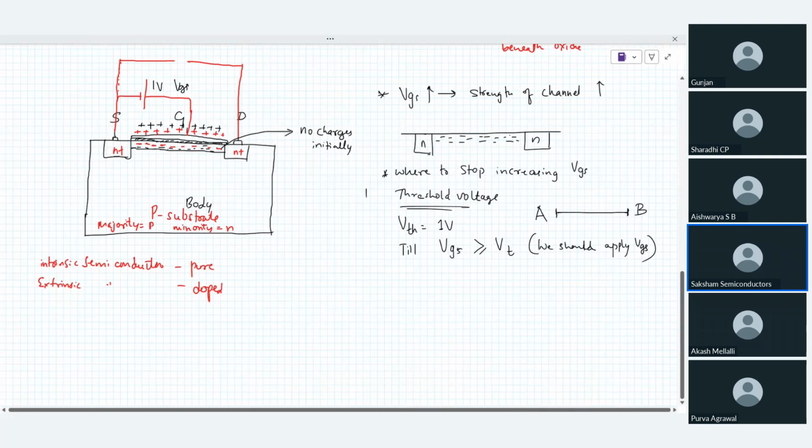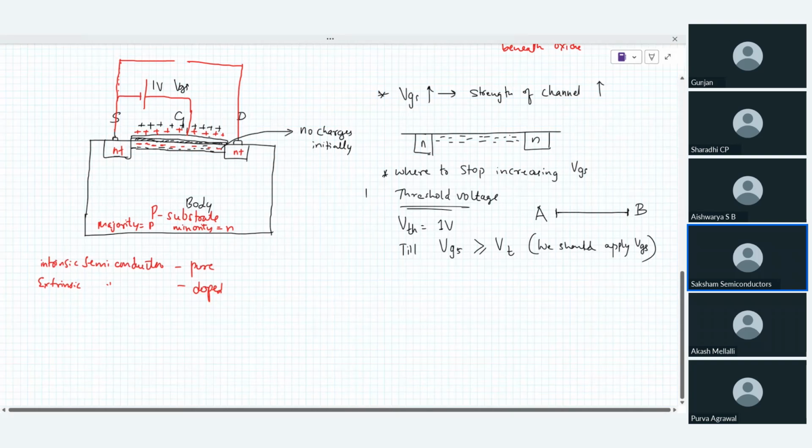That means even while only VGS is being applied, there is still small movement of electrons from the source end to the drain end. That means a small amount of current would be flowing from source to drain.